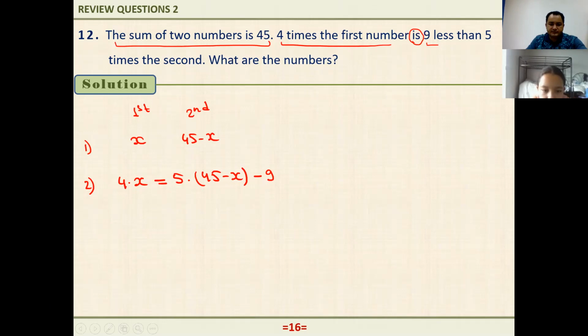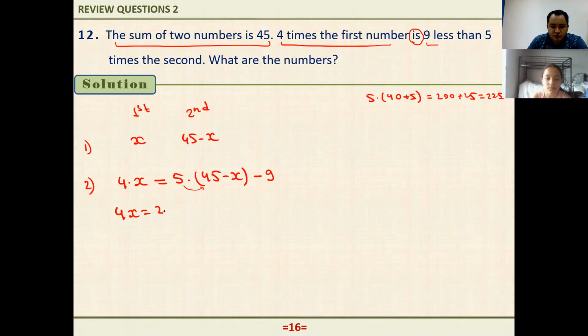Now we have to solve this. Here we have 4x. Remove the brackets. What is 5 times 45? Multiply like this: 5 times 40 is 200, 5 times 5 is 25, which is 225.